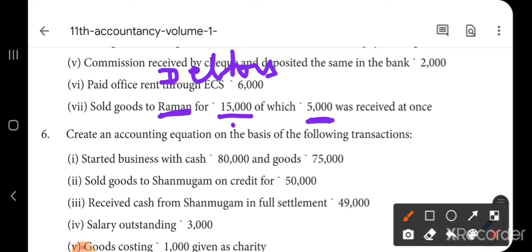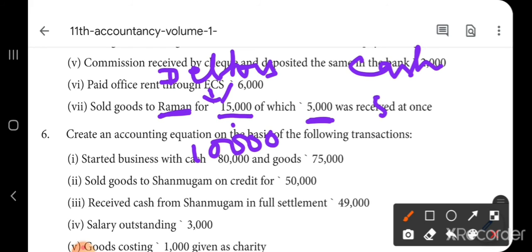That means the debtors you will show as 10,000. Okay, and cash received, they are not saying through bank, so under cash you will write 5,000. Total 15,000 you get.